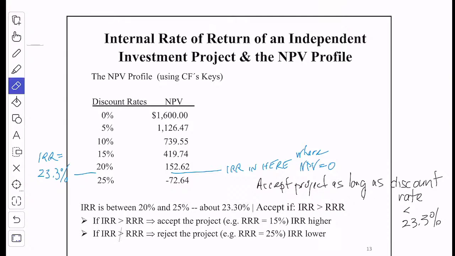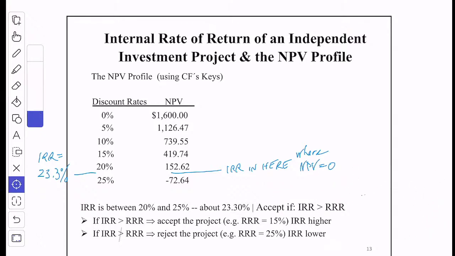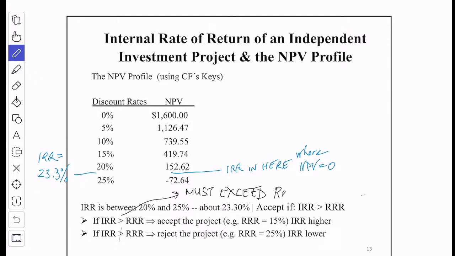Let me write that backwards. Let me write that the way I did over here. And so all right, so it has to be better.